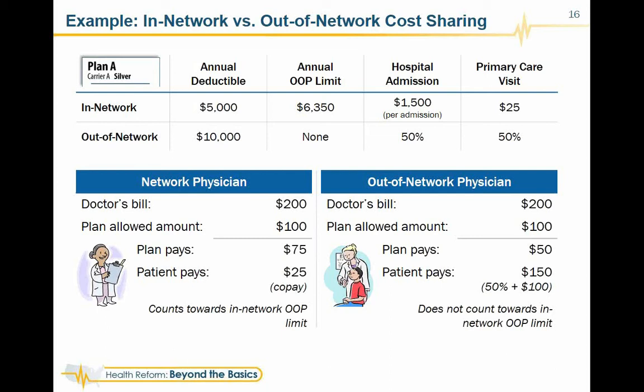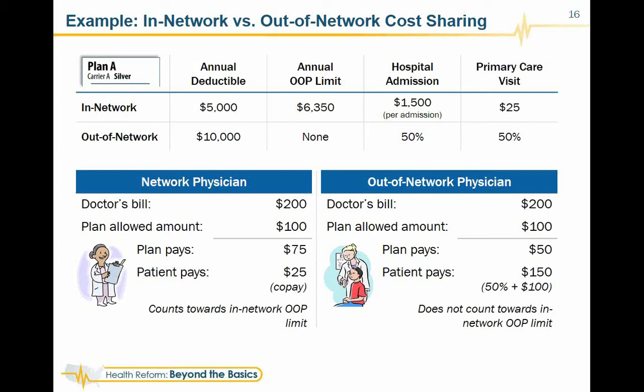And then in this case, because it's an in-network doctor, that doctor has agreed to accept the plan's allowed amount as the doctor's full payment. So the plan pays $75 toward that $100 allowed amount, and the patient pays a $25 copay, and that takes care of the whole thing for that patient. And the amount that person has paid, the $25 copay, does count toward their out-of-pocket limit under their plan.